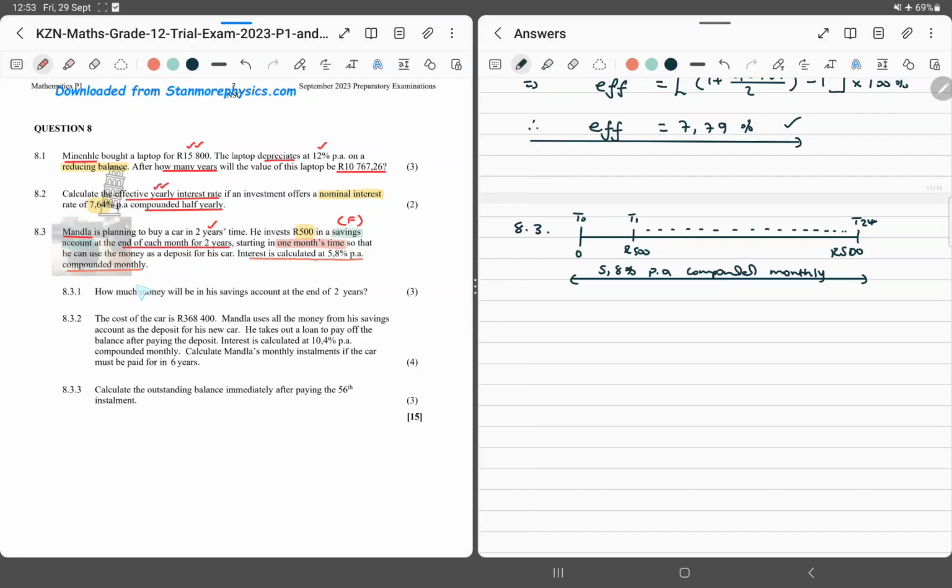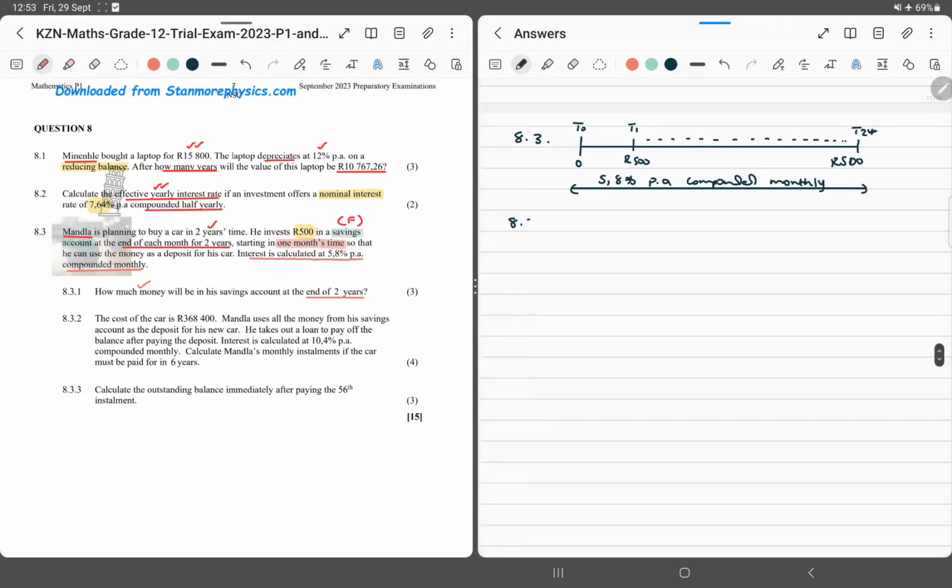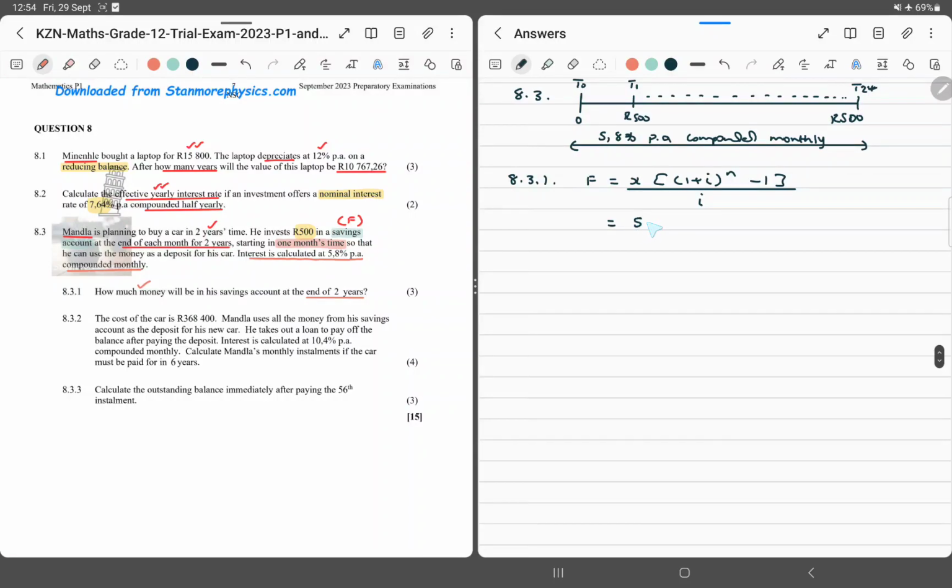8.3.1 says how much money will be there at the end of the 2 years. Okay, easy. Future value. We know that the future value formula is this one. You need to know these things by heart so that you can cruise. Please work hard. This is 500 into 1 plus 0.058 over 12, all to the exponent 24, minus 1, all of that divided by 0.058 over 12.